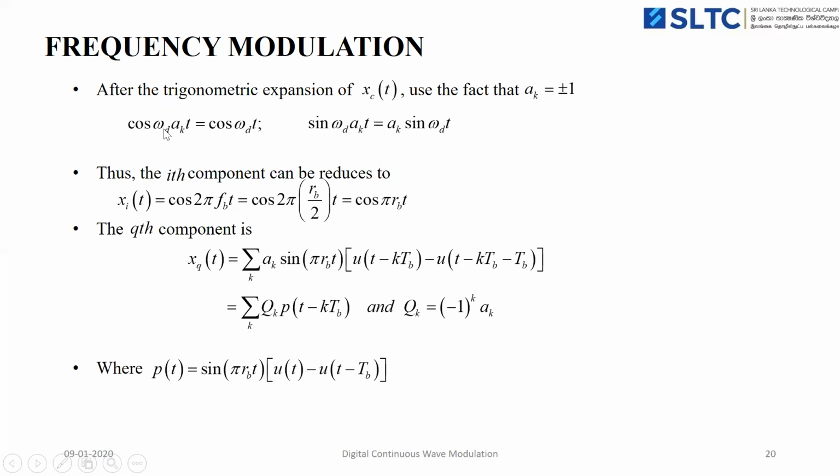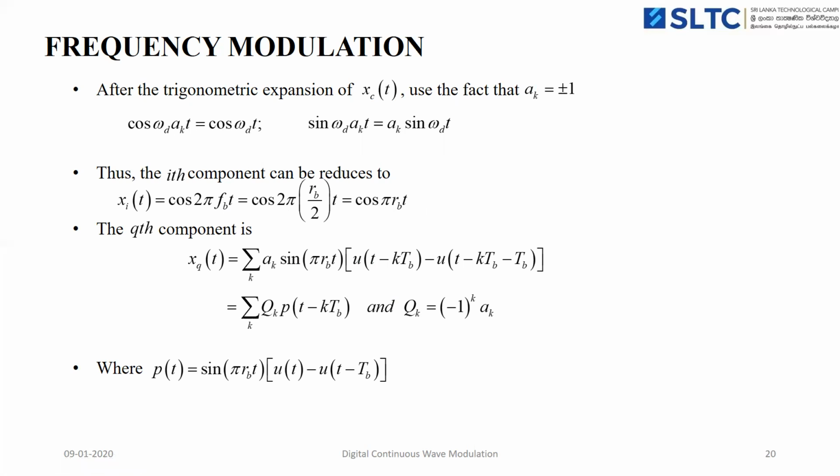We can substitute omega d equal to 2 pi fd, or 2 pi fb for the binary FSK. So here omega d equals 2 pi fd, and fb equals Rb by 2, half of the bit rate. So cos 2 pi Rb by 2 t. So finally we get cos pi Rb t for the in-phase component of binary FSK.